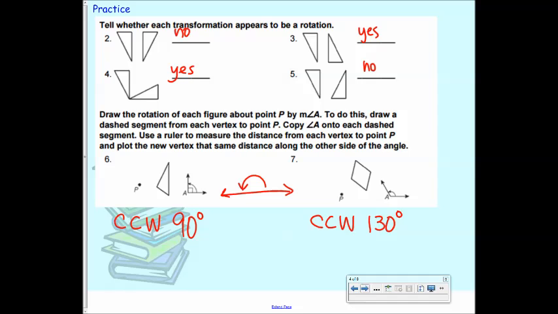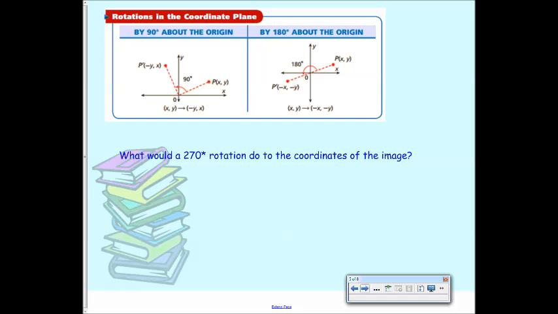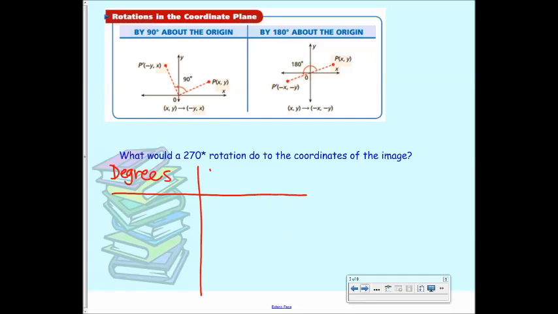Okay? All right. So we're going to do these mostly on a coordinate plane because then they're simpler to do. Because if they're on a coordinate plane, you have no wiggle room. You're just counting spaces, or you're adjusting the coordinates. What you're going to have to really remember when doing rotations is what happens to the coordinates when you do these turns. So the chart that I want you to copy is how many degrees, and then what happens to the coordinates.